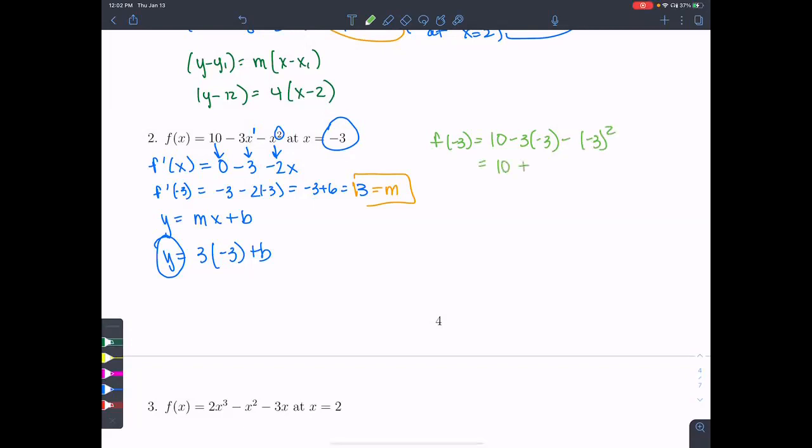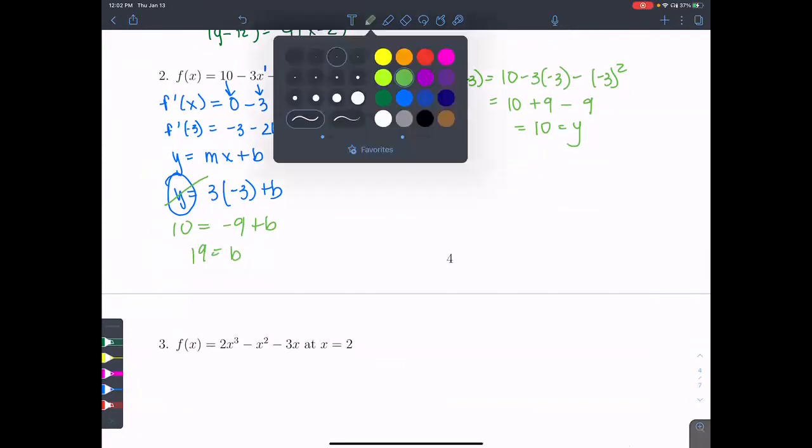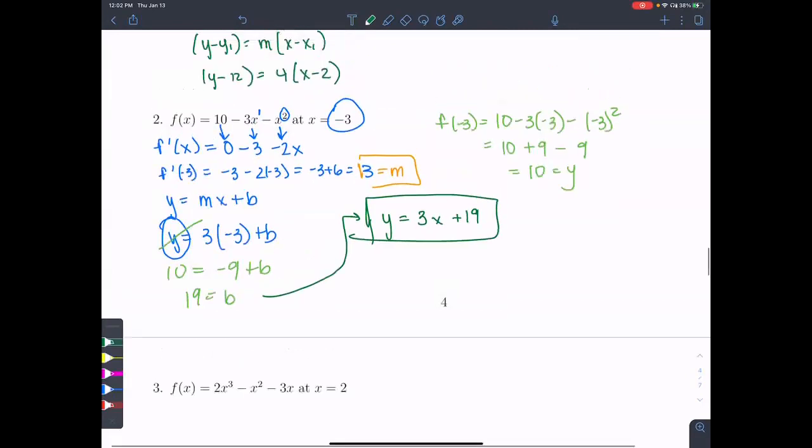That's 10 plus 9 minus 9. That's 10. So that's our y. So we have 10 equals negative 9 plus b. So 19 is b. So then we have y equals 3x plus 19. And that is the equation of your tangent line at x equals negative 3.